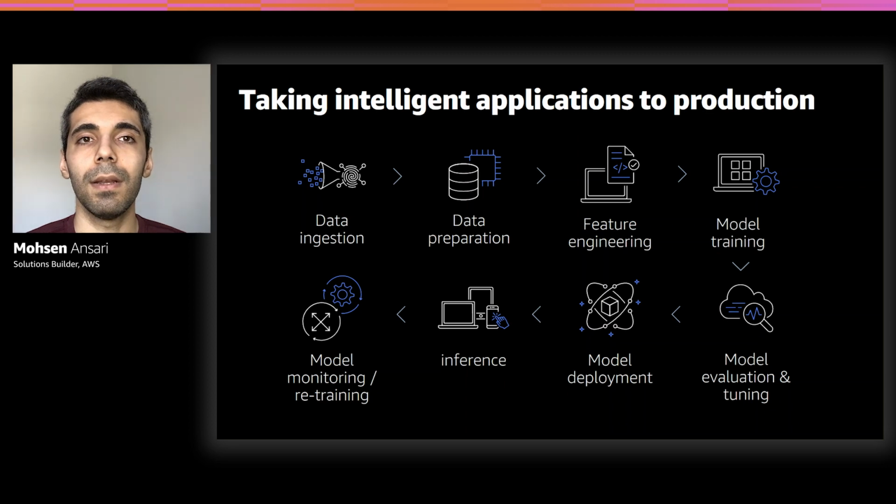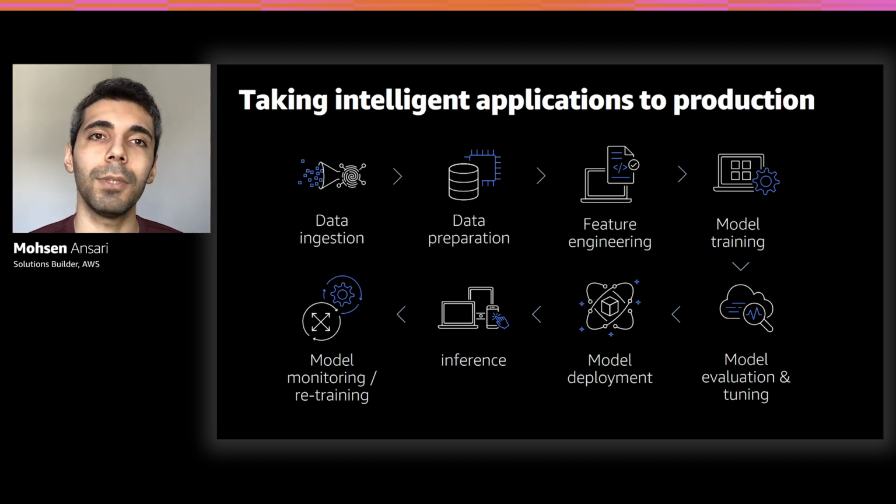And then once the model is trained, you need to evaluate the model to make sure that it's accurate enough. And sometimes you need to tune the parameters that you use for training your machine learning model. And then after the model evaluation, you can deploy it onto the servers, and then your users can use it.